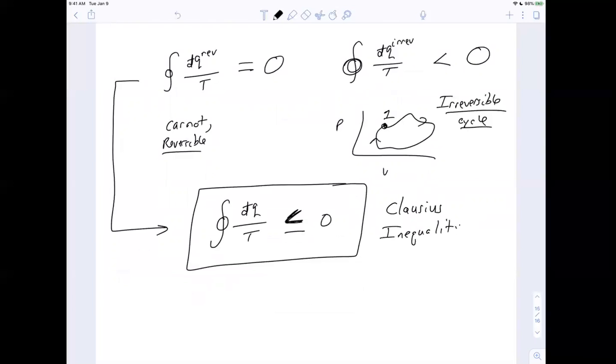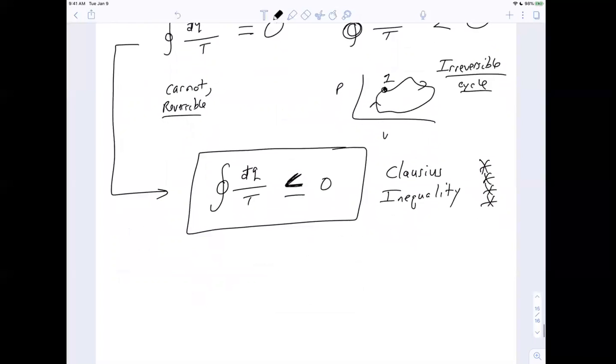And this is very important because we're going to make use of it very shortly today. Okay, so this is the Clausius inequality, another very important result. Now you see what this has allowed us to do is we don't have to specify anything about the q through this inequality. What we have to remember is the two results here.